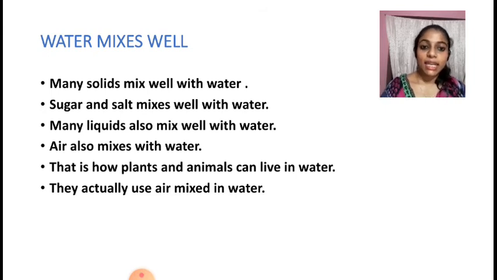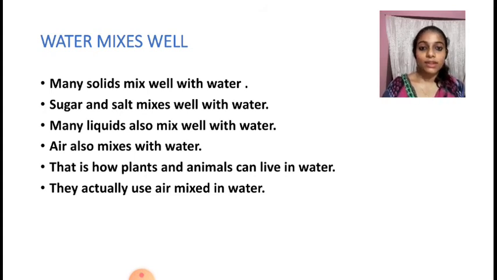Next one is air also mixes with water. See, we have discussed that solid mixes with water, liquid mixes with water, and of course the air also mixes with water. That is how the plants and animals can live in water. See, we all know that there are so many animals, like fishes, in the water bodies.